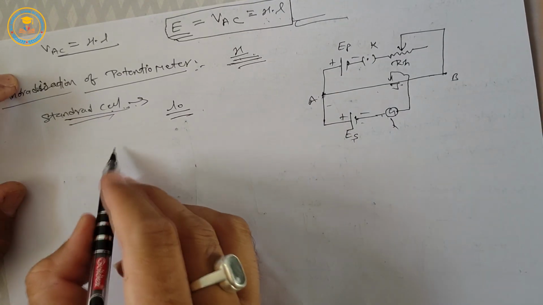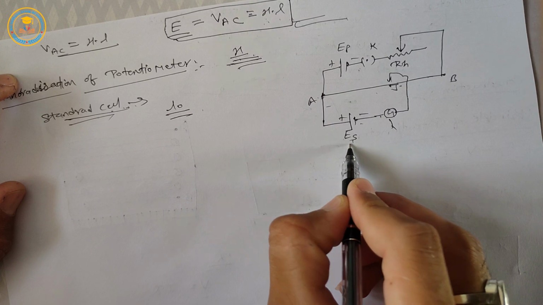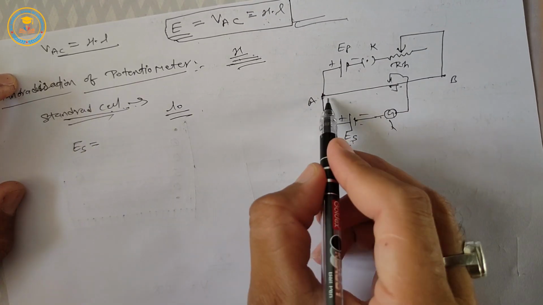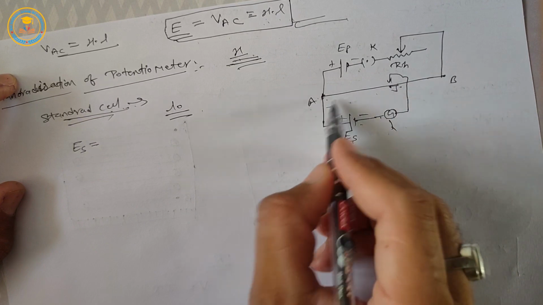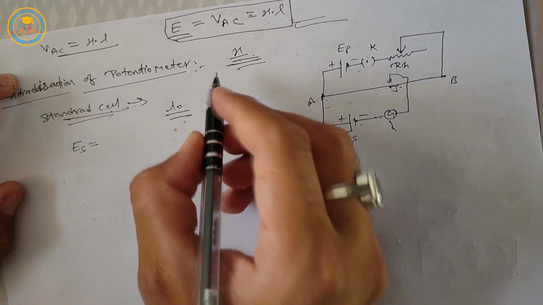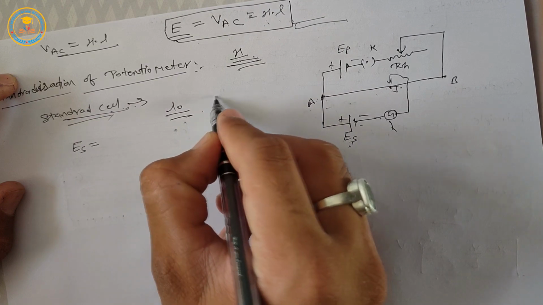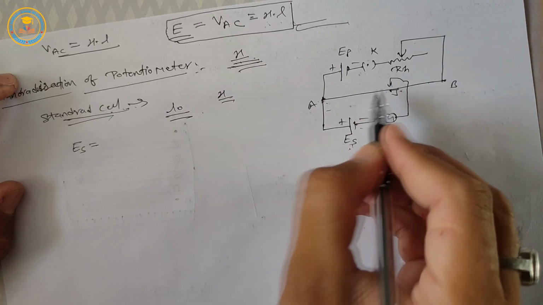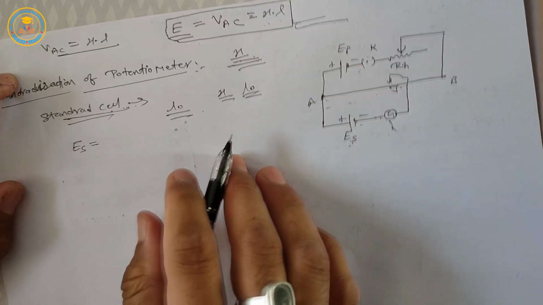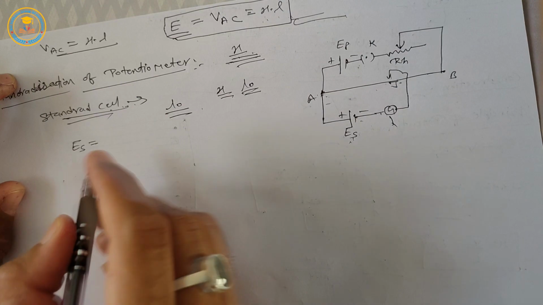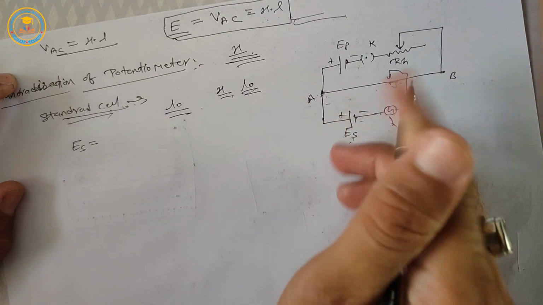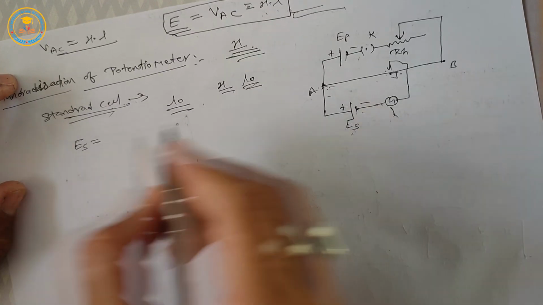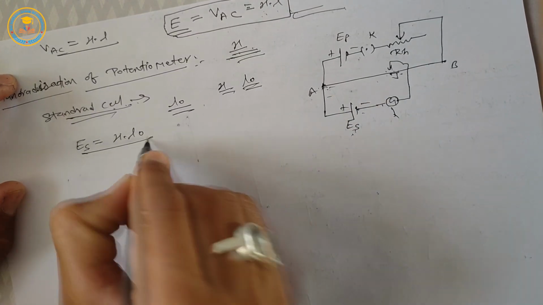So from the principle of potentiometer, the value of an unknown EMF is equal to the potential difference across the wire. The voltage drop per unit length is X, and the balancing length is L0. Then the potential difference across the balancing length is X into L0.